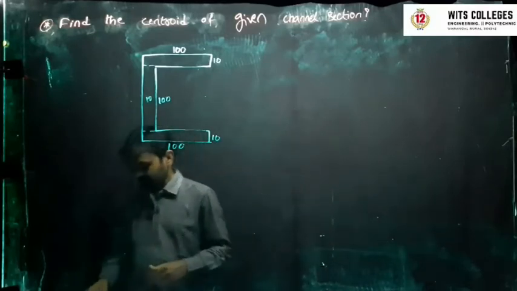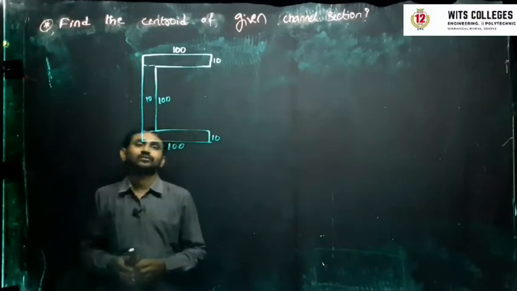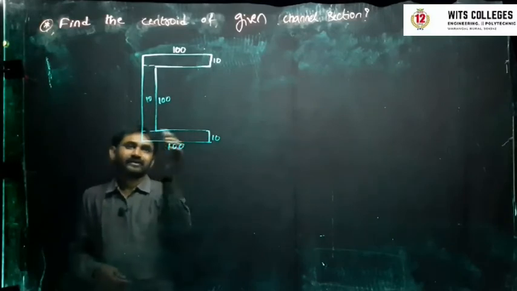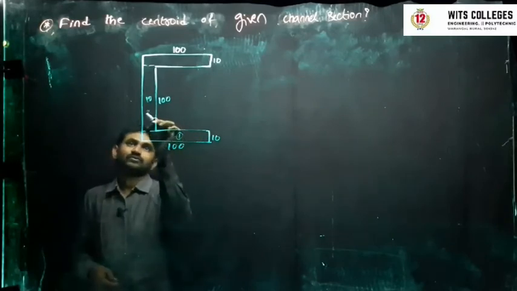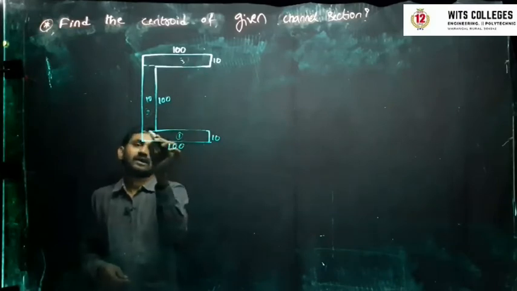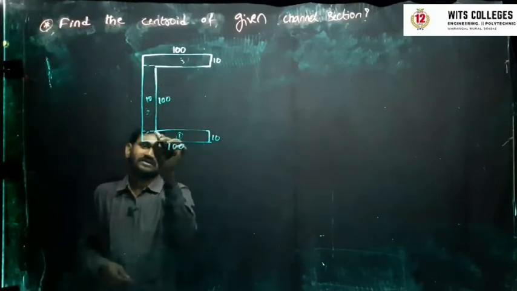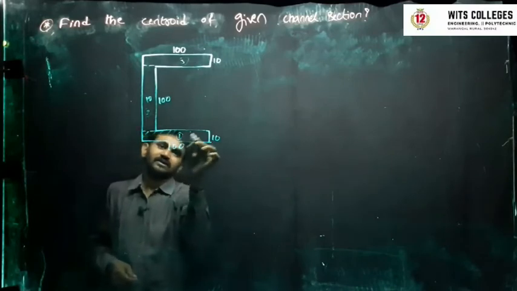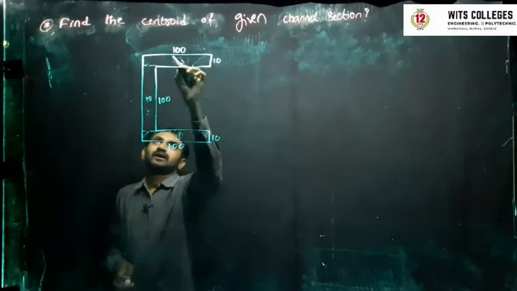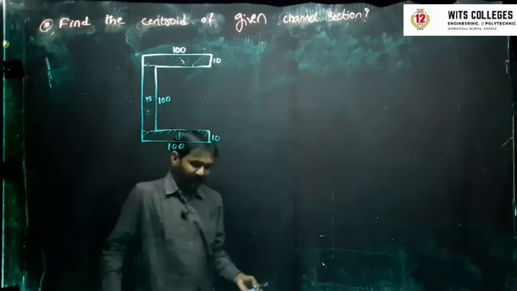In this channel section, 100 into 10 mm, 100 into 10, and 100 into 10, and I have divided this section into 3 parts. I have written like this, and one more dotted line over here. It means this complete section is 1, this section is 1, and the remaining section is 1 more.